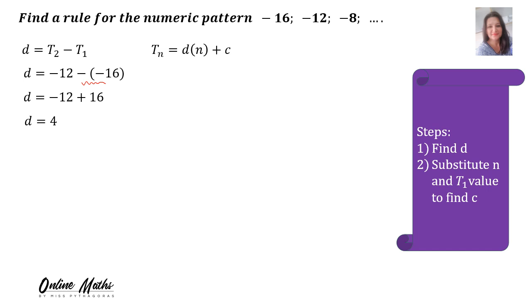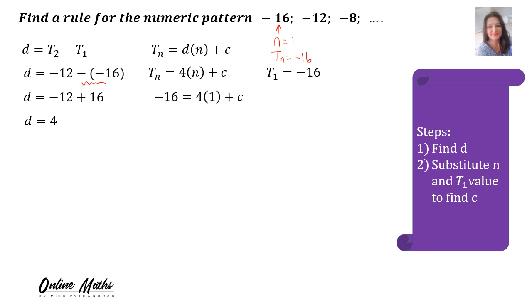Into the formula, Tn is equal to dn plus c. In d's place, we substitute 4. Now, to find c, again, we zoom in on the first term. So on the first term, n is equal to 1 and Tn is -16.